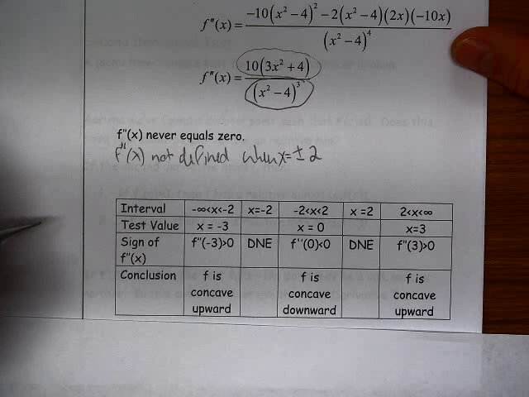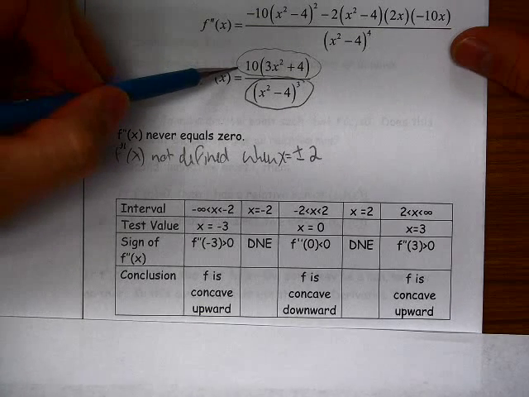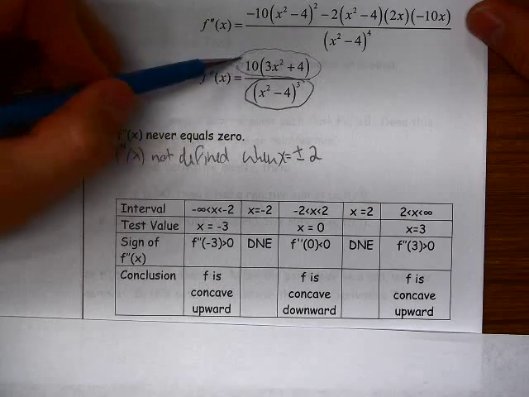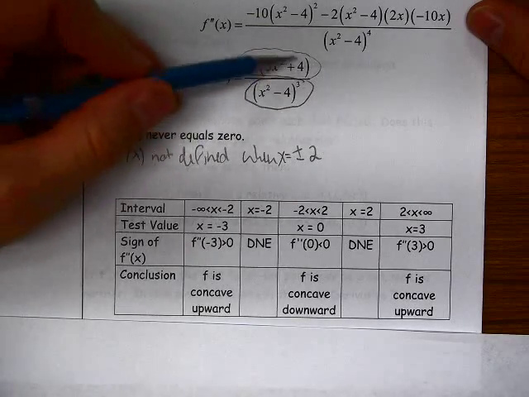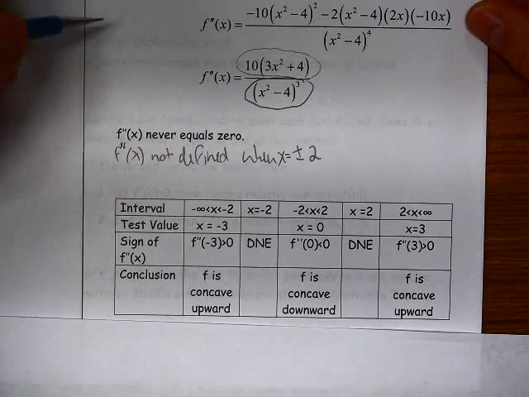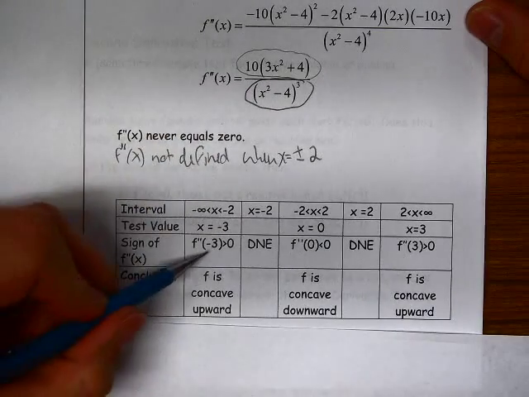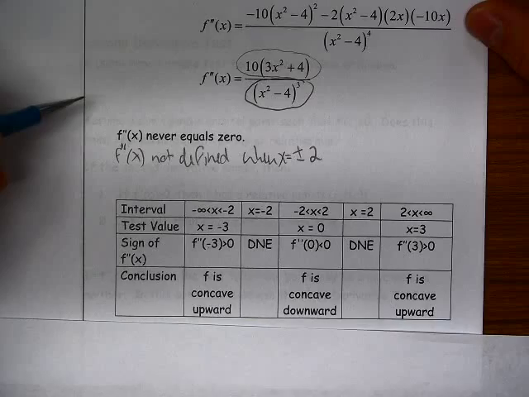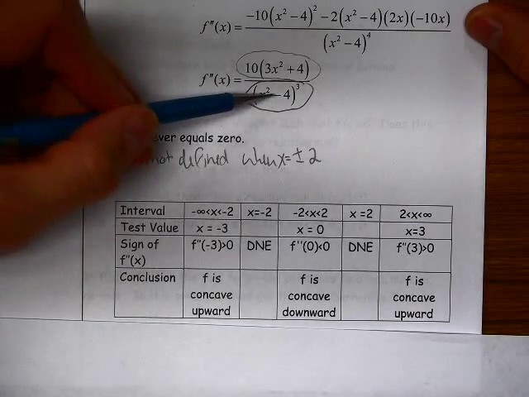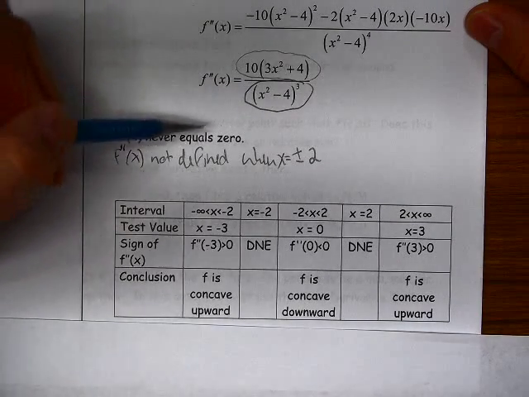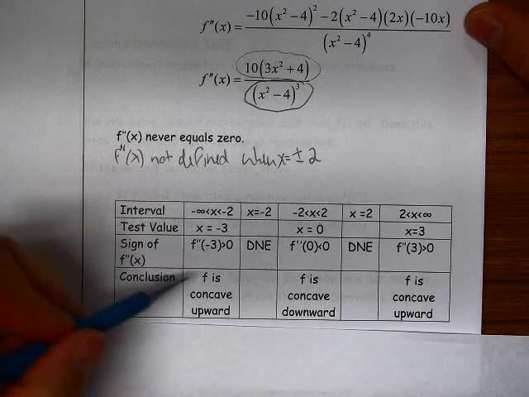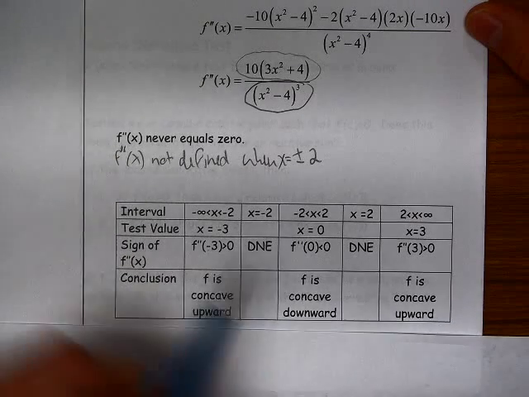Remember we talked about this numerator can never be negative. So I know that that numerator is positive. So really I just have to think about this denominator. When I plug in -3, I get 9 minus 4, which is 5, and when I cube 5, I get 125, which is obviously positive. So I have a positive here.